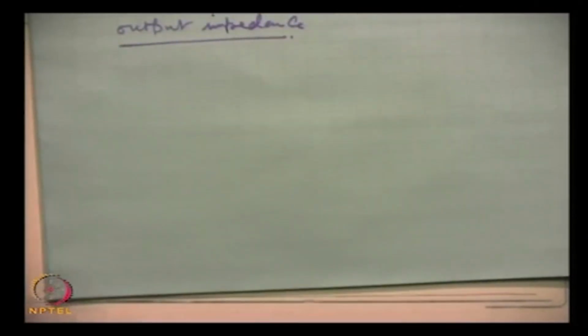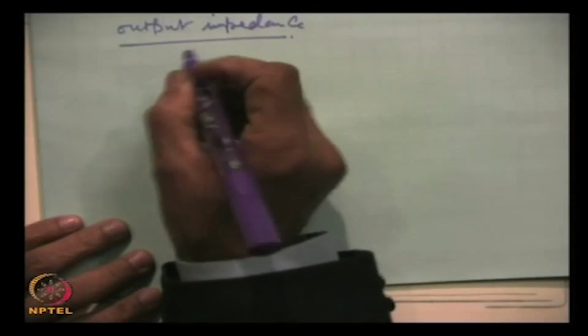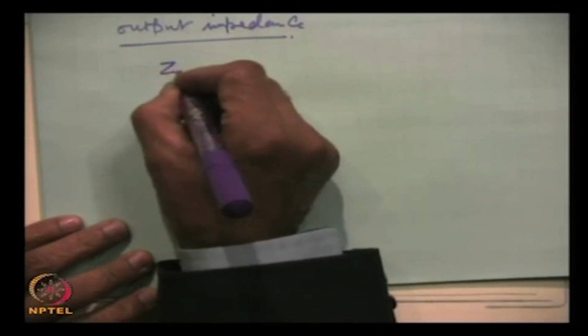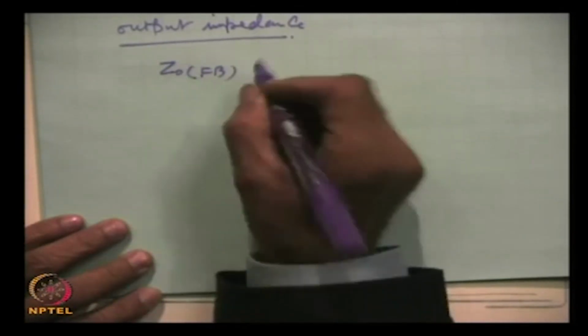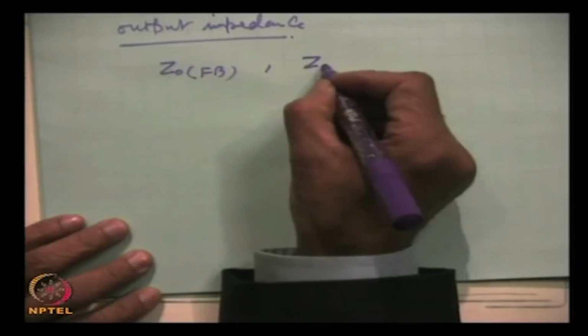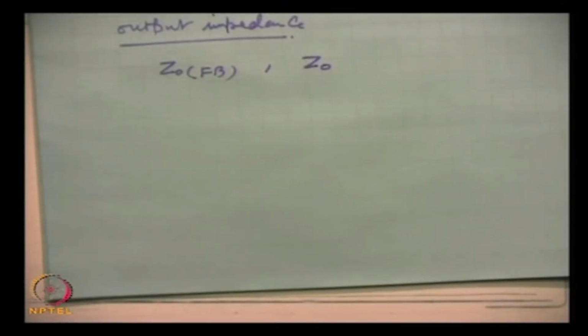Output impedance for the amplifier under investigation, and which amplifier we are investigating? Voltage series negative feedback. And for this, now we have to find out the expression. The objective is to find out the expression of output impedance with feedback, how it is related with ZO, that means the output impedance without feedback.